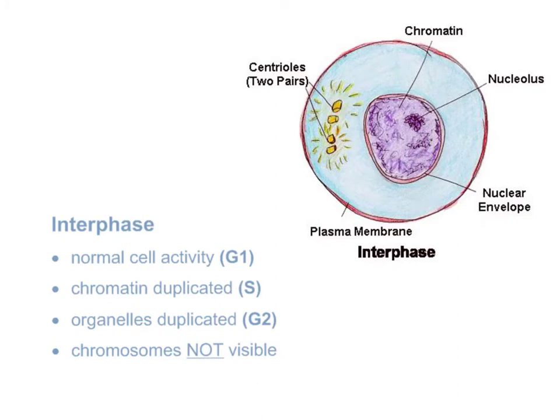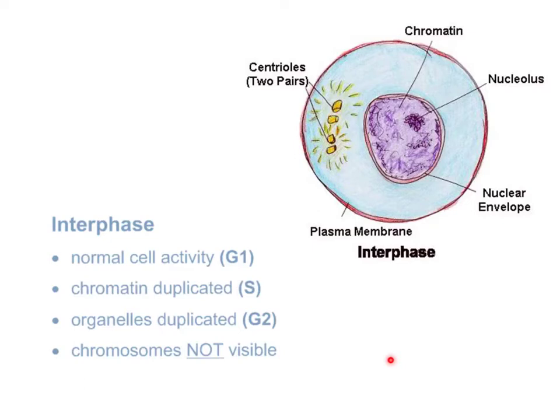Okay, let's do a very short, quick review of mitosis. Let's start with interphase. When a cell is in interphase, it's going about its normal cell activities. Remember, we have our G1 where it's normal cell activities. The S phase during interphase is where the chromatin is duplicated. The DNA is all duplicated. We get those two sister chromatids.